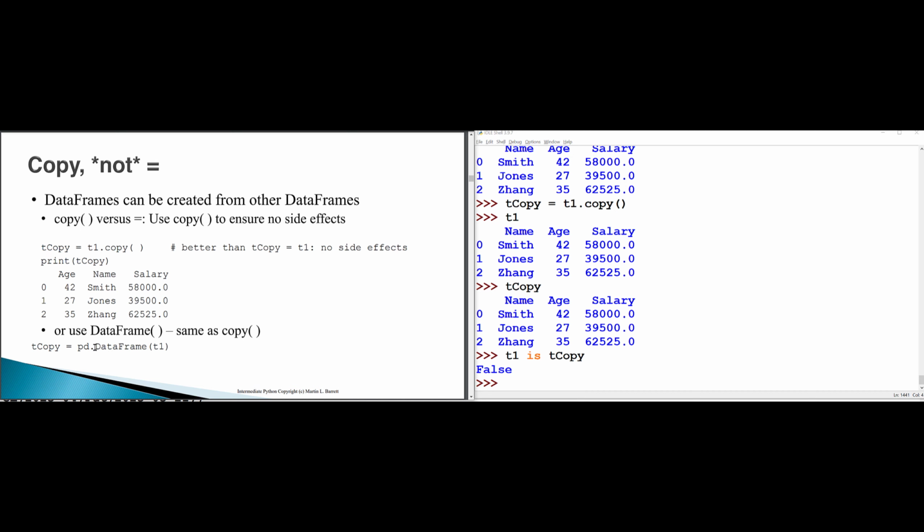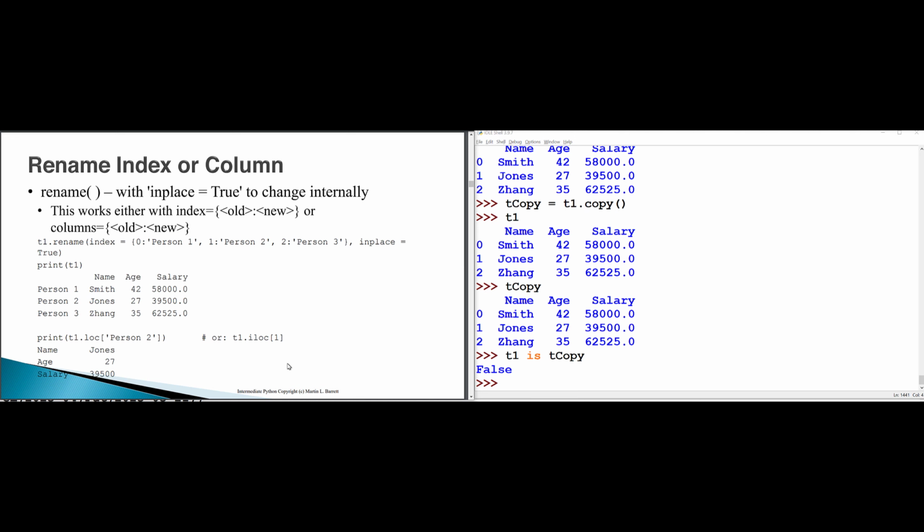Another way I can make a copy of a data frame is really just to create a brand new data frame using the pd.DataFrame creation function and give some data frame as an argument. In all of these cases so far, we have got our default integer values for labels. And it's likely that we don't really want that.